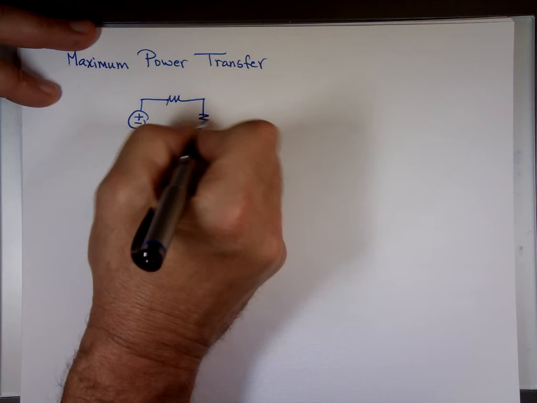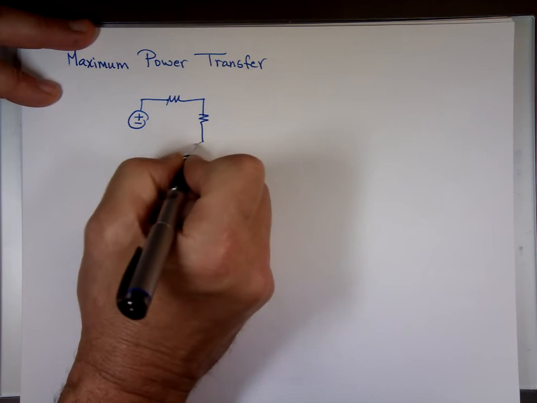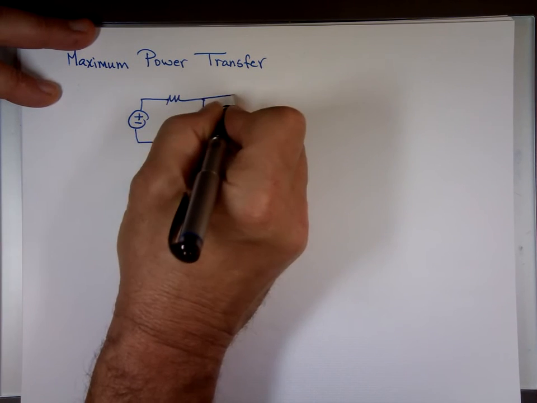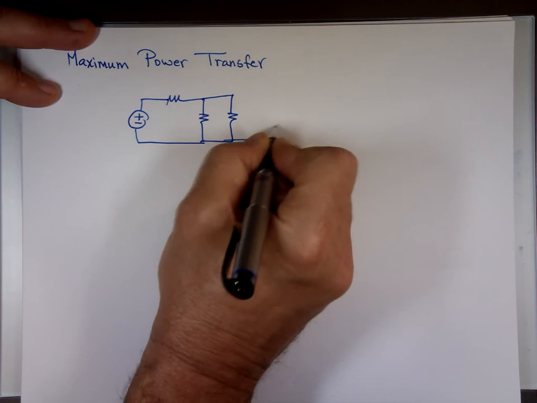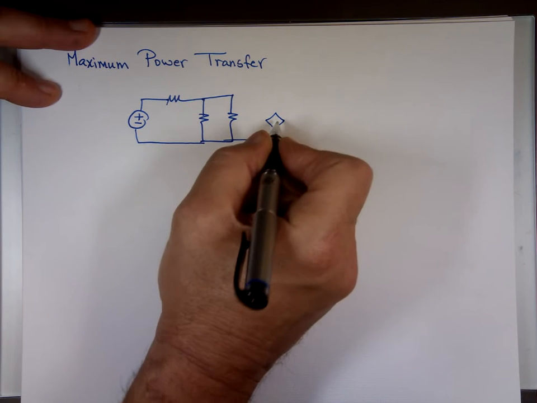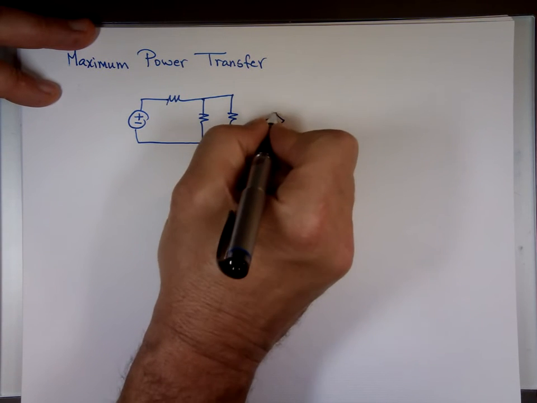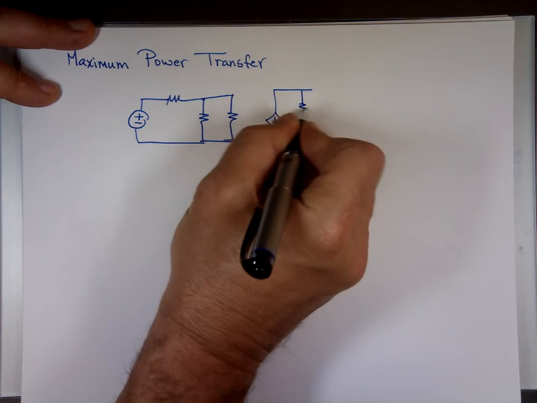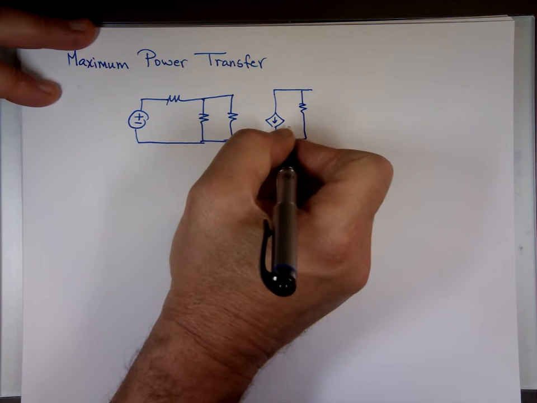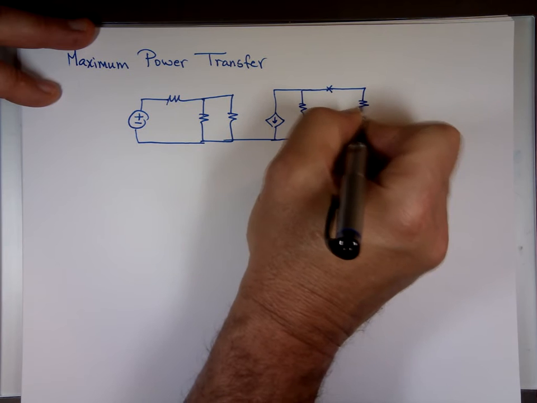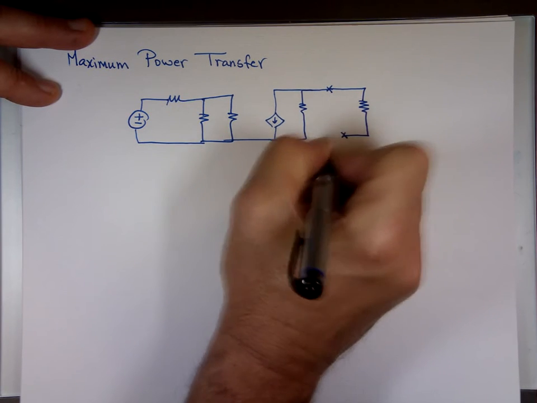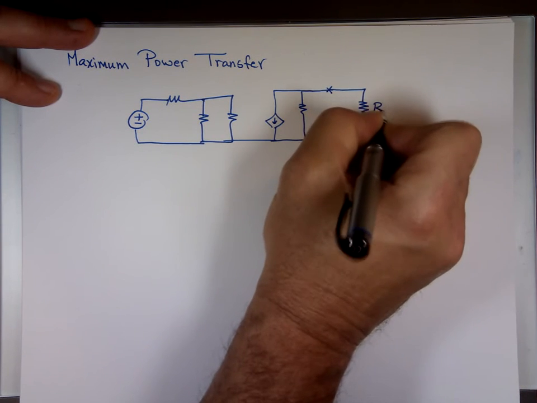I could have some dependent current source, voltage source here, doesn't matter. And let's say I have a resistor here, we'll call the load resistor, R sub L. I don't want to give you numbers intentionally.